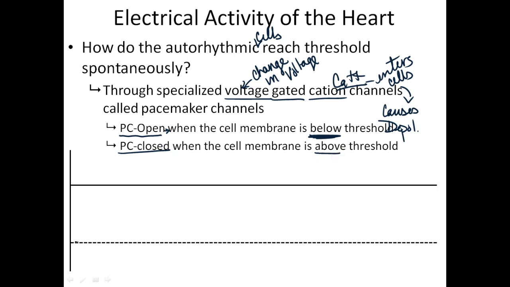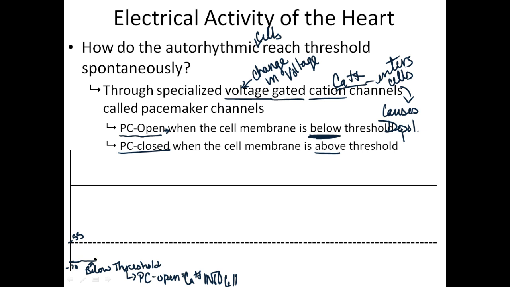So how does this work? So we're going to say that this is our negative 55 right here, and our membrane is down here at negative 70. So I'm down here at negative 70, which means I am below threshold. And if I am below threshold, that means my pacemaker channels are open, which means calcium is going into the cell.